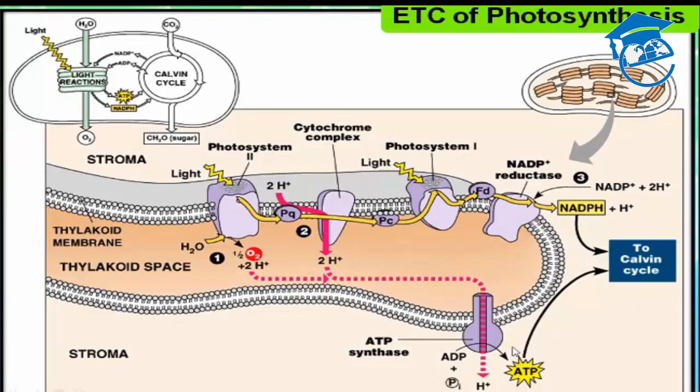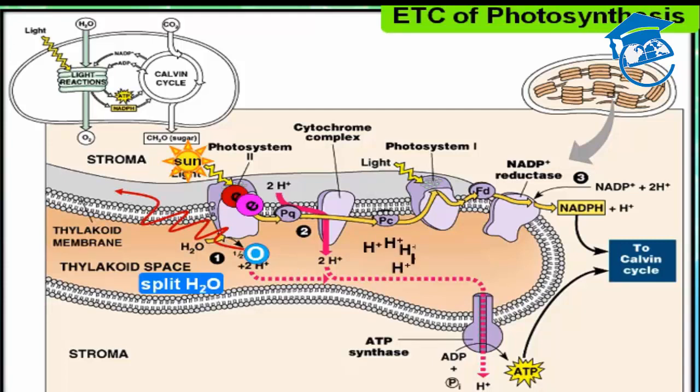So this is again the same: the sun's energy strikes photosystem II, then it goes to the plastoquinone, then splitting of water takes place that releases oxygen outside, for animals to inhale it, and then hydrogen.